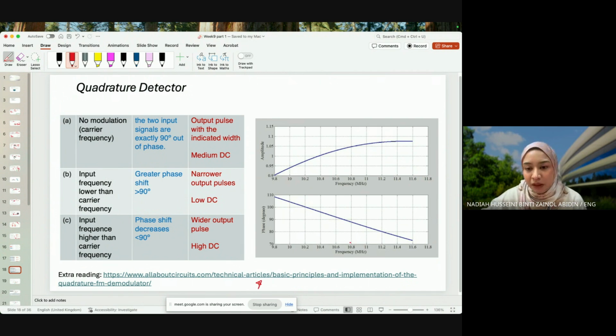Assuming that our FC is over here, if the frequency increases, you would get a high DC, high amplitude.